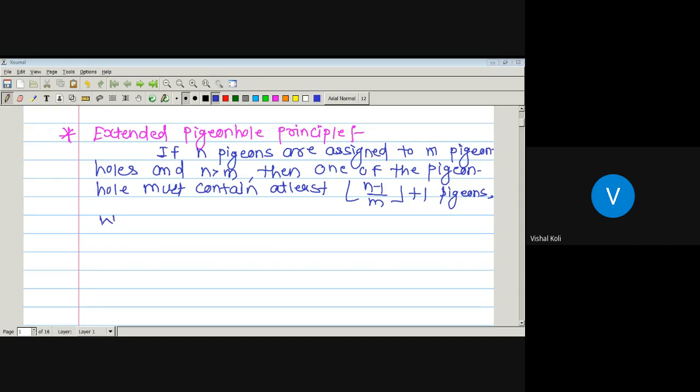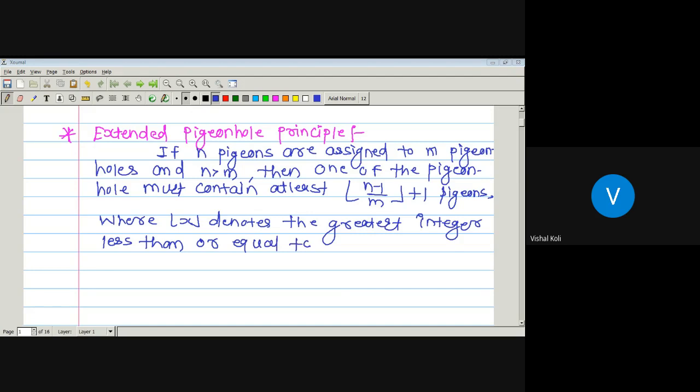Where the symbol floor of x is nothing but the greatest integer less than or equal to x, and which is a real.